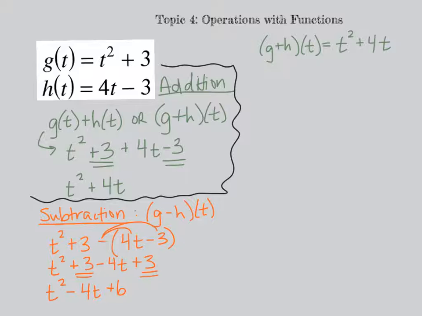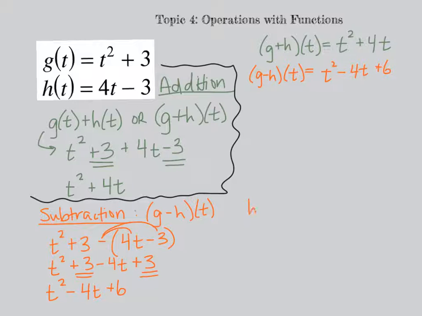Awesome. So we've done one subtracting. We did g minus h of t equals t squared minus 4t plus 6.